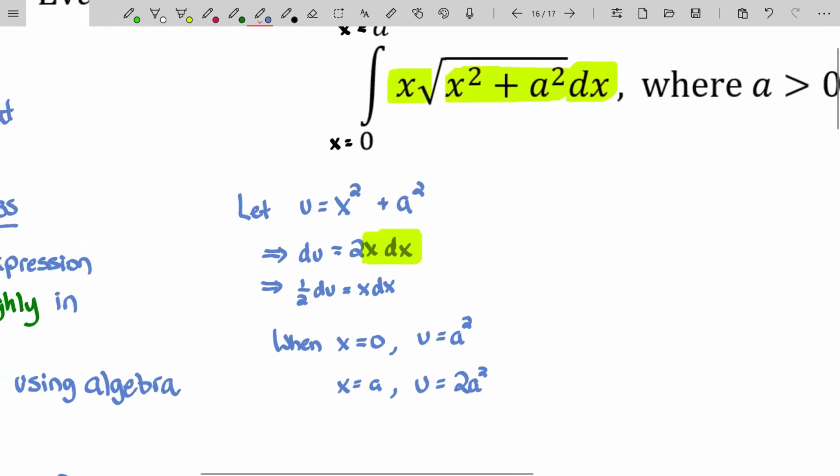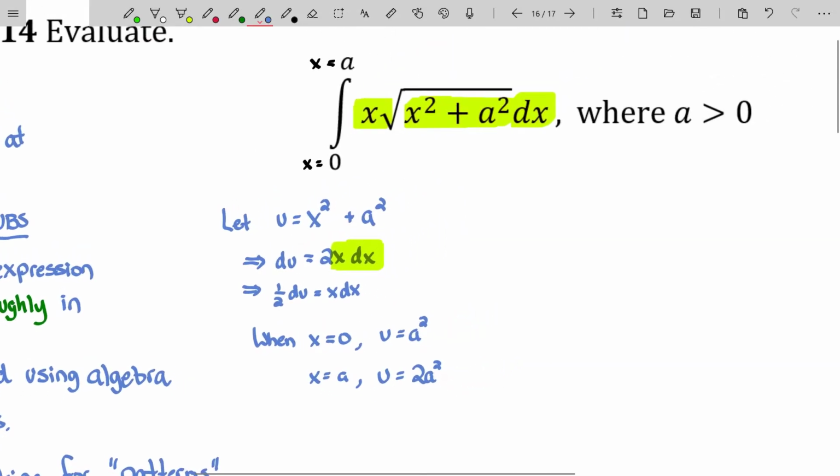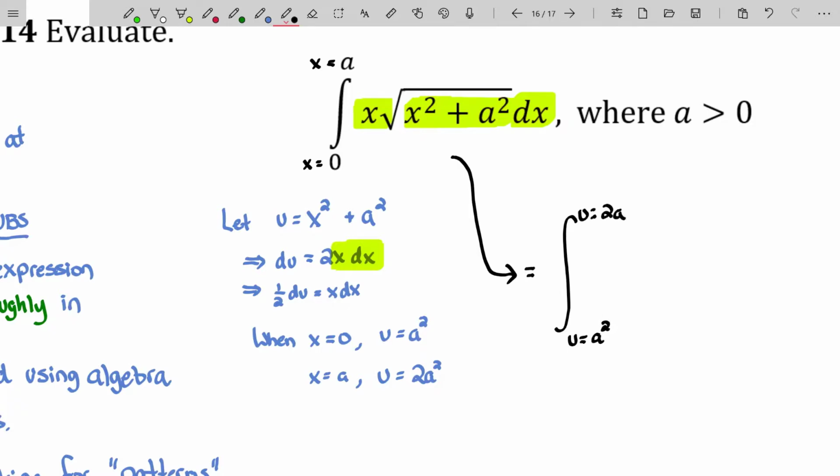And now we have completely transformed that integral into the world of u's. And with definite integrals, if you are doing that properly, just like what I've done there, then you will never have to transform back into the world of x. You will be completely done once you integrate, basically.